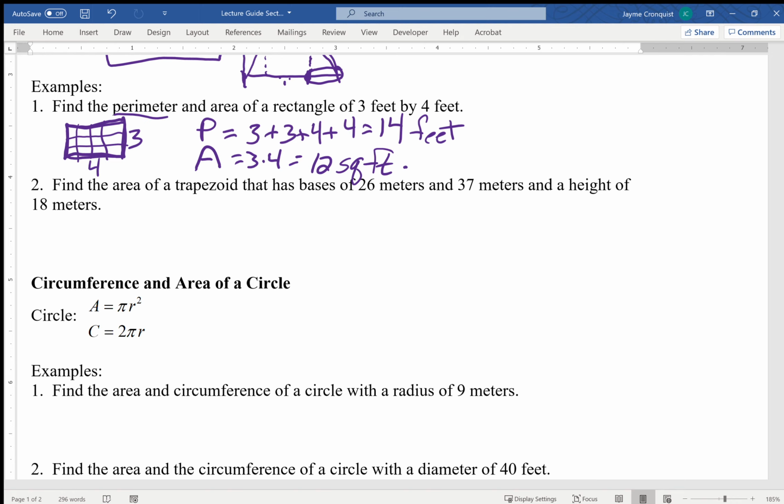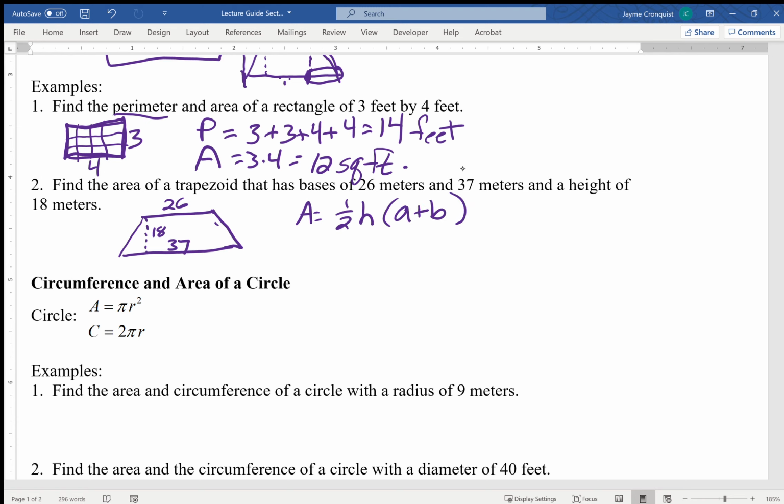Find the area of a trapezoid that has bases of 26, so that's our 26, and 37. But its height is 18, which is what we needed to know. Okay, so the area is equal to 1/2 the height times the sum of the two bases.